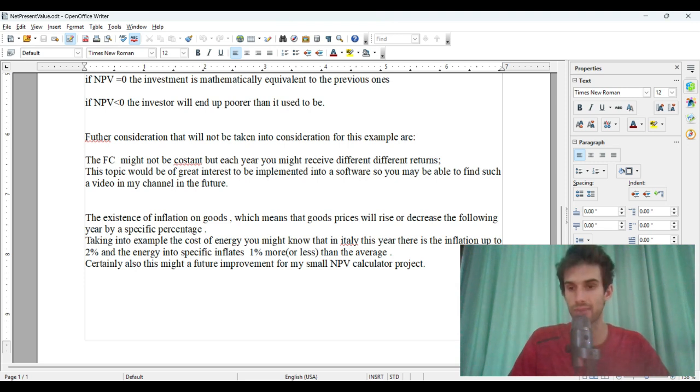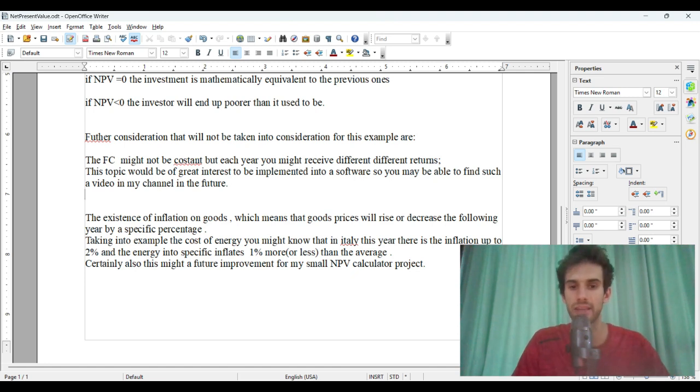Anyway, you can find the inflation of Italy or the inflation of your country inside some websites, and you are going to receive, for example, a value that might be between 2% or minus 1%, something like this, not too big. And if you are a little advanced, you can use it inside your calculation of the net present value. It's not the most important thing. As I said, some calculators just avoid using the inflation, which is more correct.